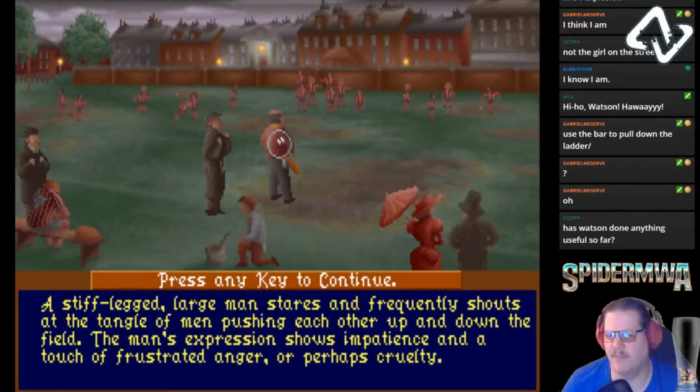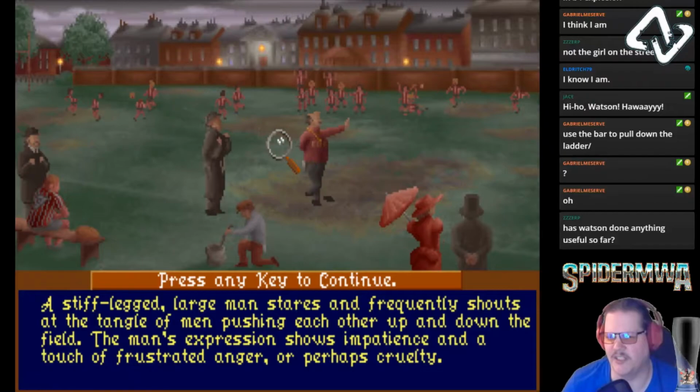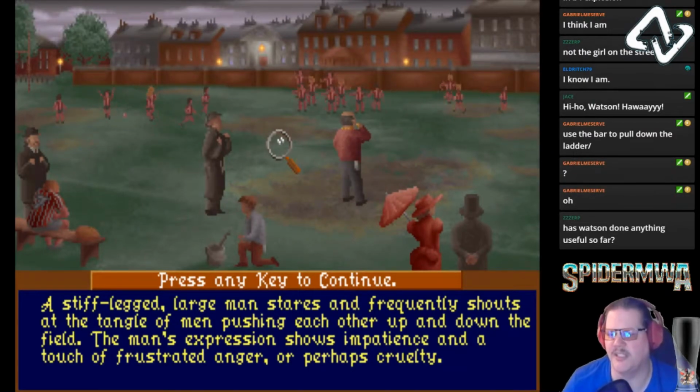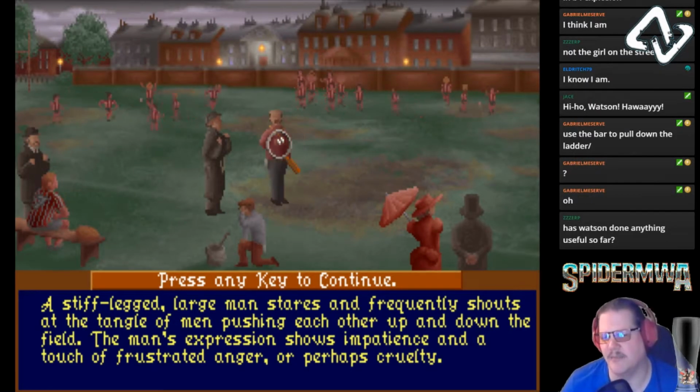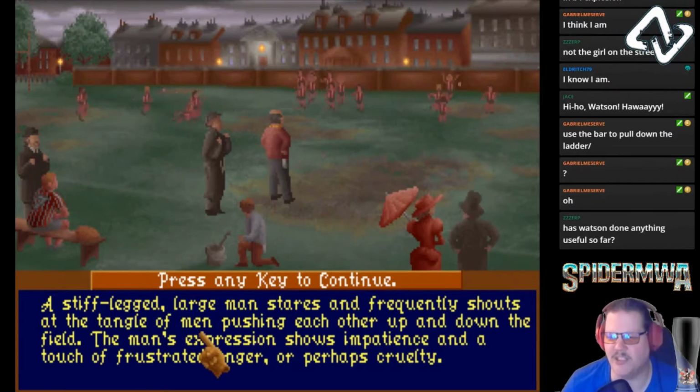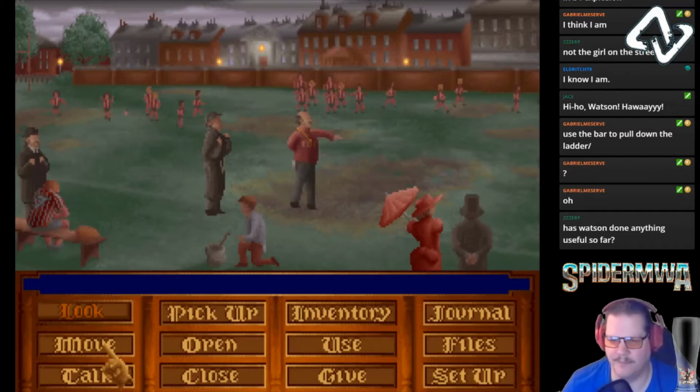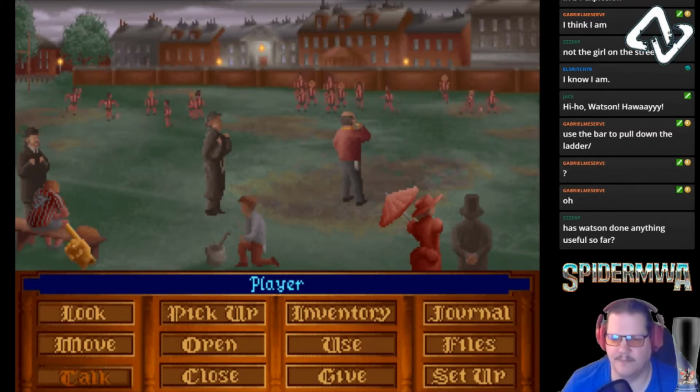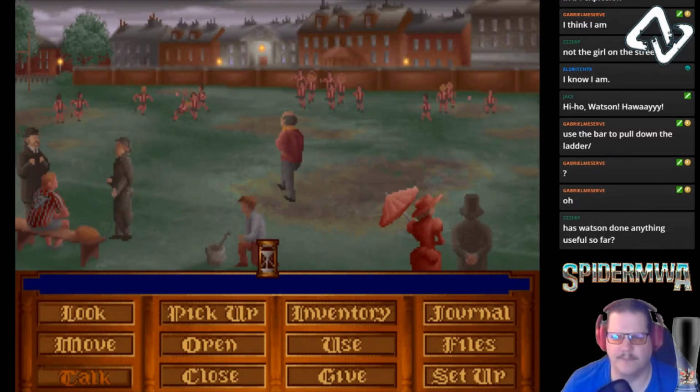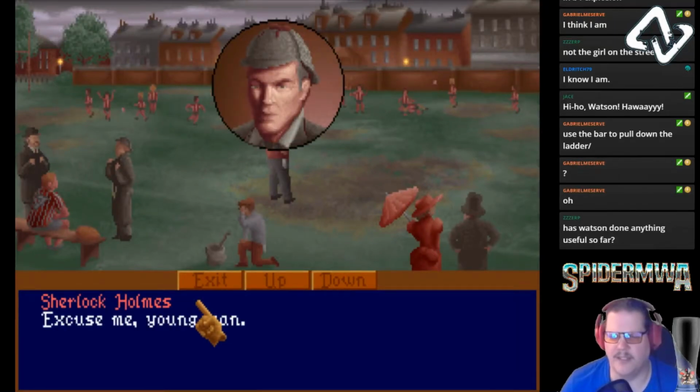A stiff-legged large man stares and frequently shouts at the tangle of men pushing each other up and down the field. The man's expression shows impatience and a touch of frustrated anger, or perhaps cruelty. Excuse me, young man.